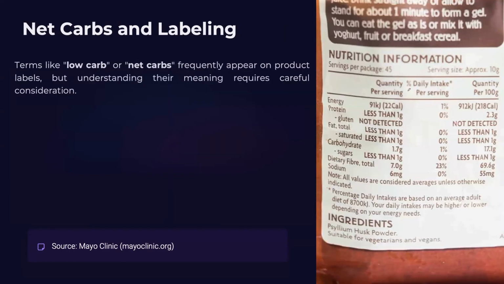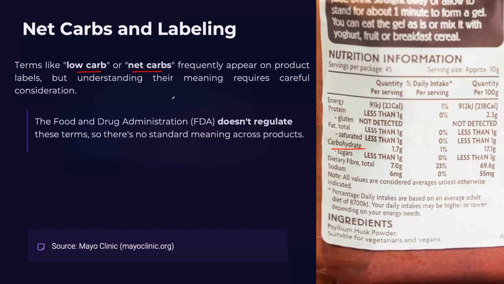You may have noticed in many of the foods in the market labels like low carb or net carb, which appear these days in almost all refined products. Importantly, these terms are not regulated. That means there is no universal definition of what is net carb and what is low carb.